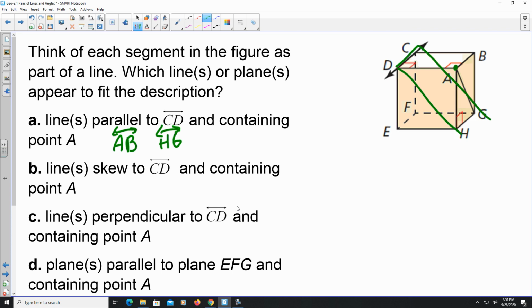Even though it doesn't identify it as a plane, that plane is actually there. Other ones would be like line EF. But the only one that contains point A would be AB.